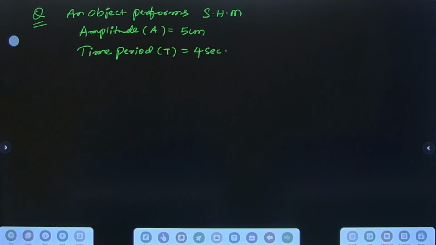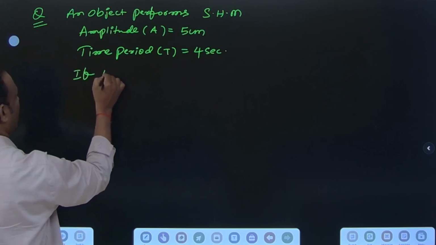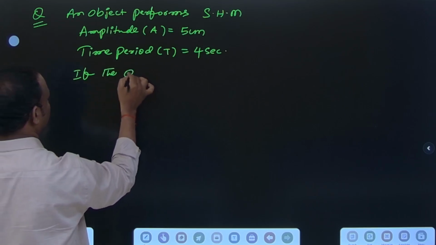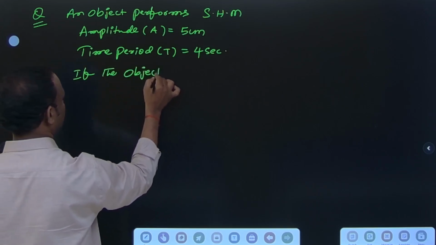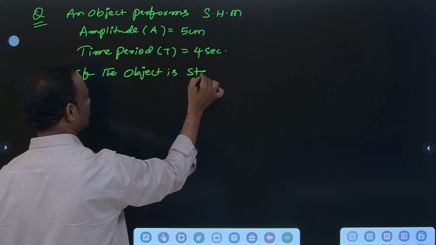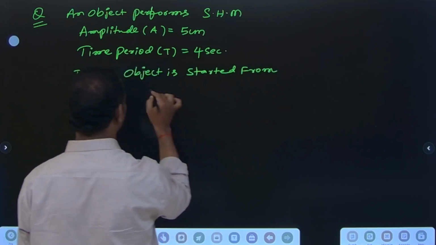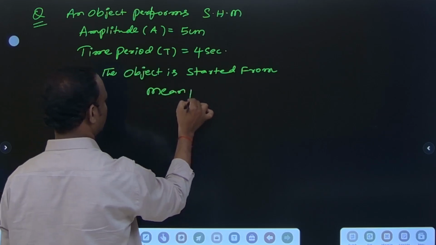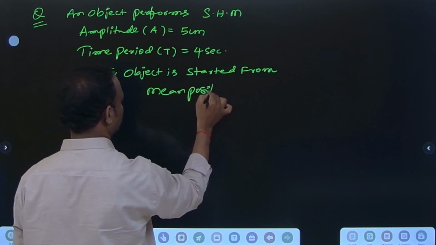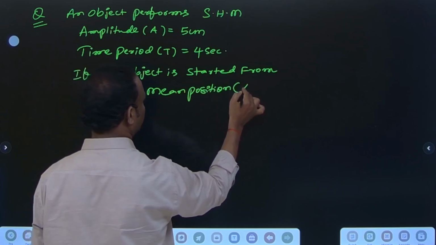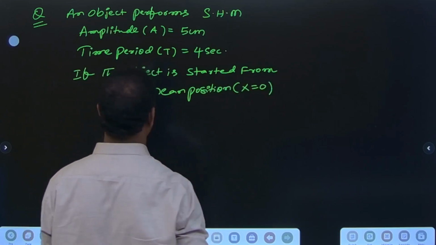One oscillation is completed in 4 seconds. The object is started from the mean position, which means x is equal to 0.